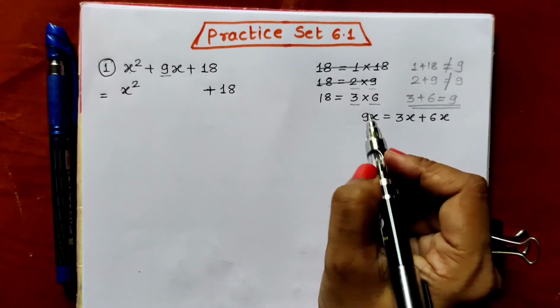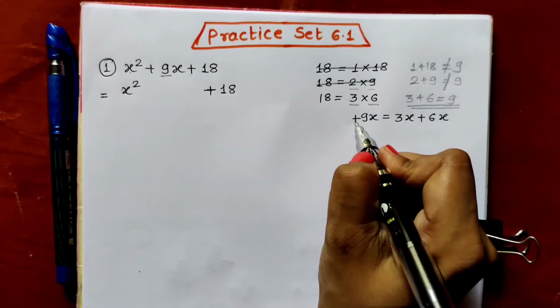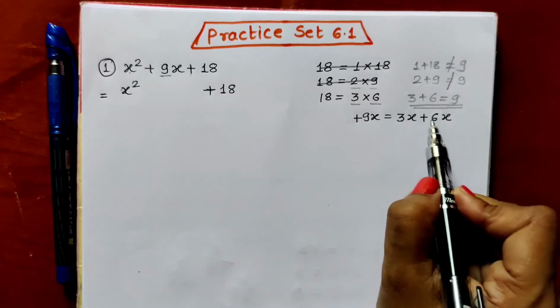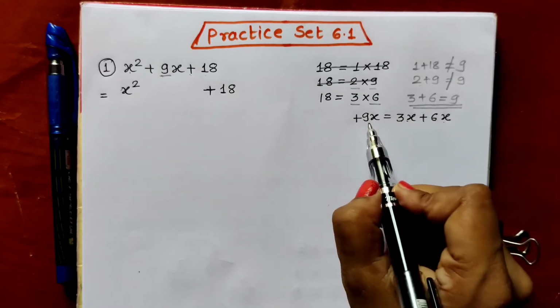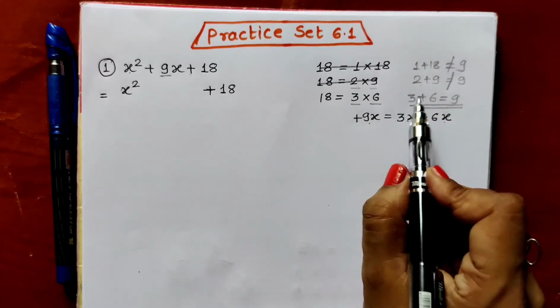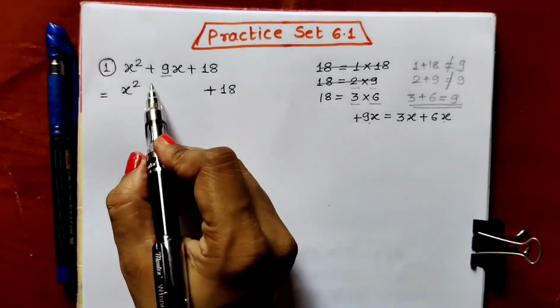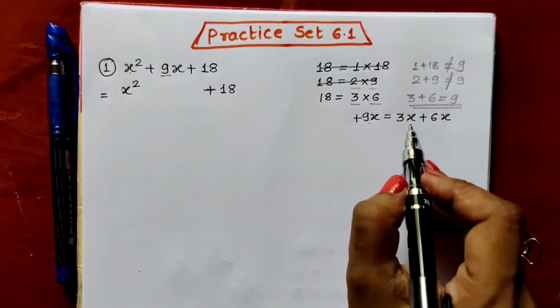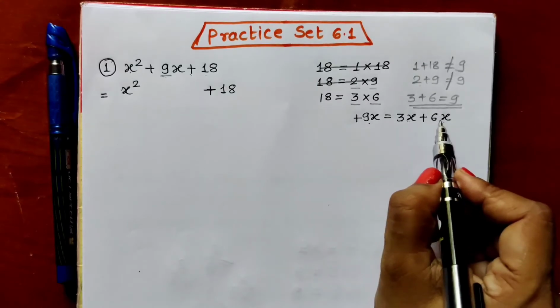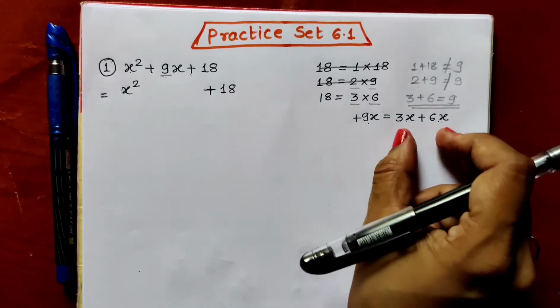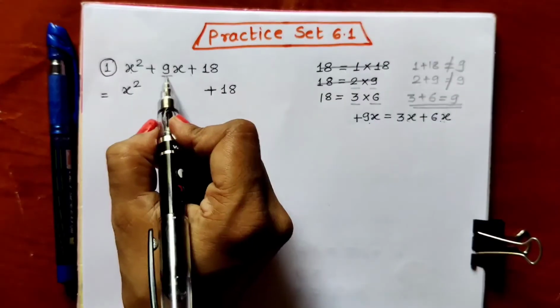Now 9 has a plus sign. That's why both these numbers should have a plus sign. Plus 3x plus 6x will be plus 9x. So always check that while splitting the middle term, we get the middle term as the answer. When we split the middle term into two terms, the answer of those two terms should be the middle term.